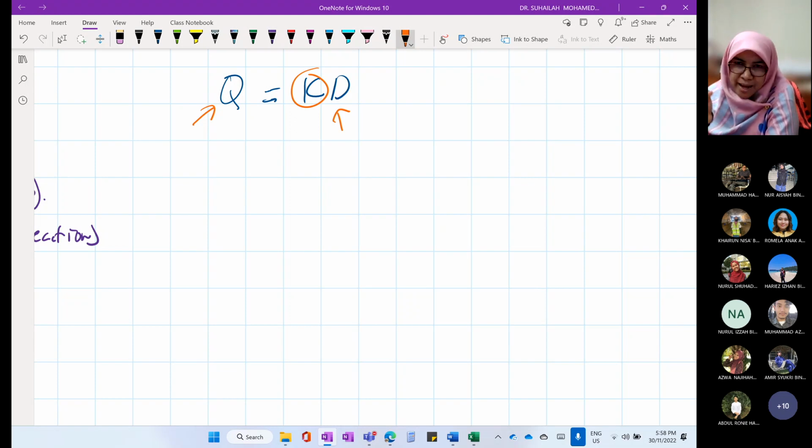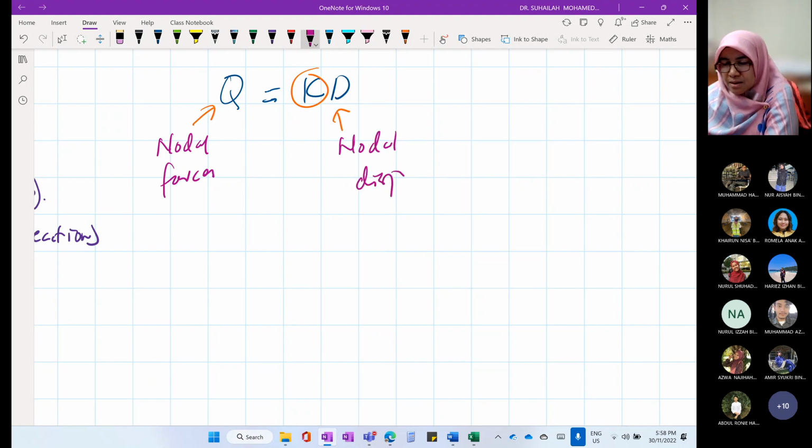And Q and D, when we analyze using stiffness method, we write Q and D in matrix form as well. Matrix form means Q is nodal forces and D is nodal displacement. Nodal forces, nodal displacement.